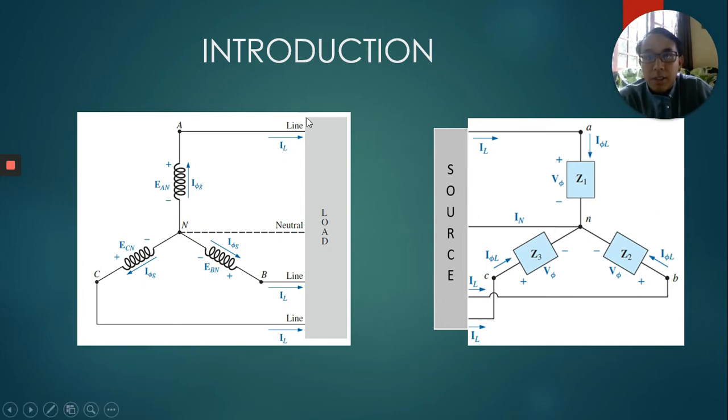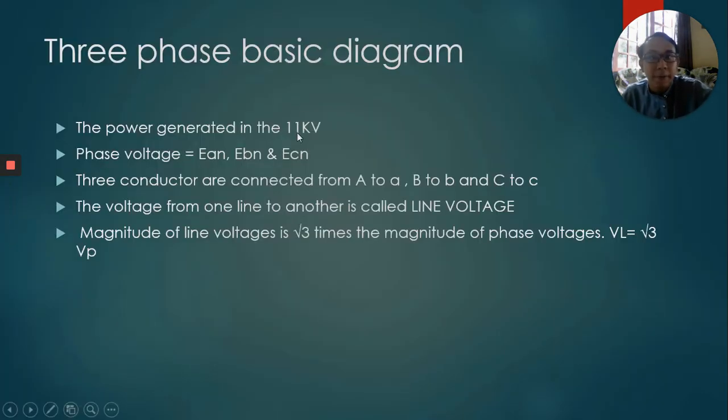As you can see, this is the generator of the load line, and EAN, ECN, and EBN. This is for the generator, and this is for the source. This is three phase. I will explain about that.